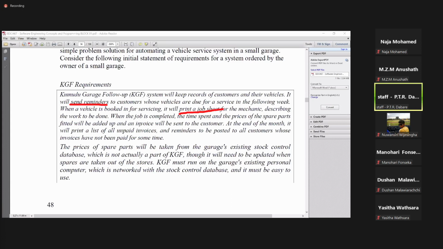Getting that, preparing the invoice, is one thing. It will be sent to the customers is one thing. It will print a list of unpaid invoices is one function. Send reminders to customers. See, those are functional requirements.